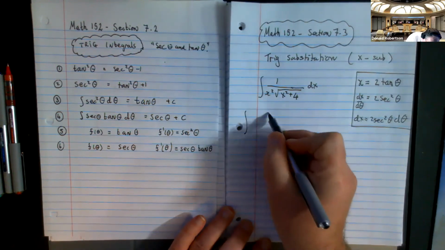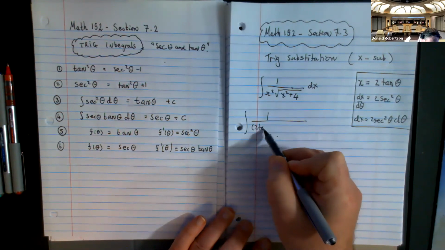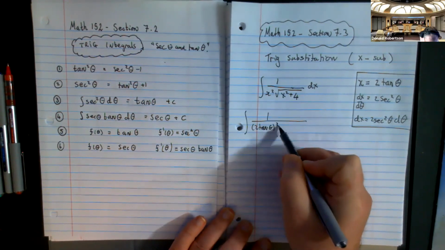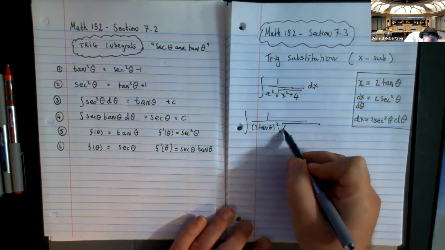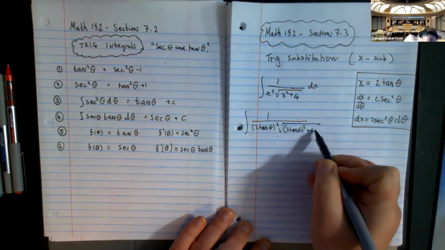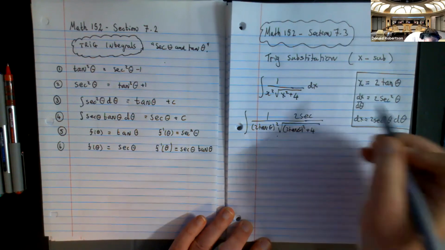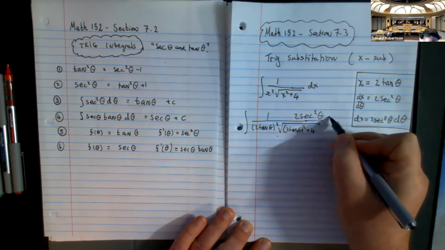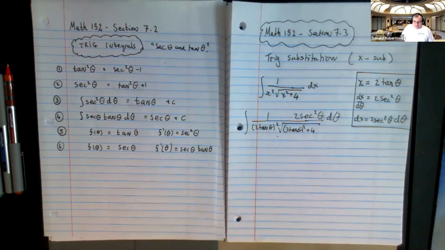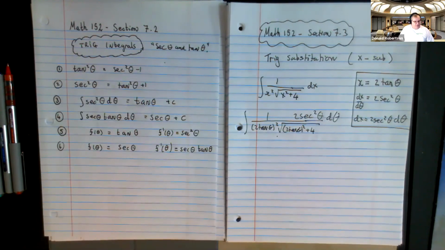So let's see what that would look like. 1 over x squared becomes 2 tan theta squared. The square root of x squared add 4 becomes the square root of 2 tan theta squared add 4. The dx is going to become 2 secant squared theta d theta. It's very similar to u subs. Haven't we turned the integral from using x's to using thetas? Now let's see what happens next.